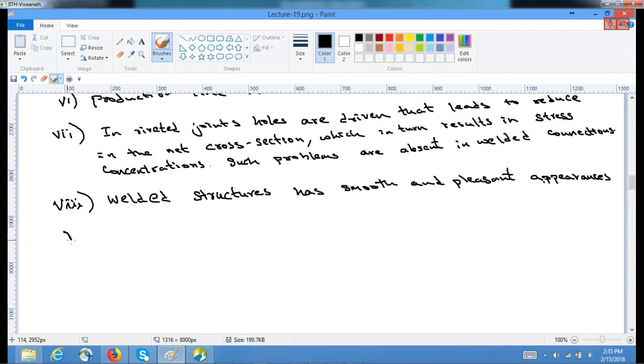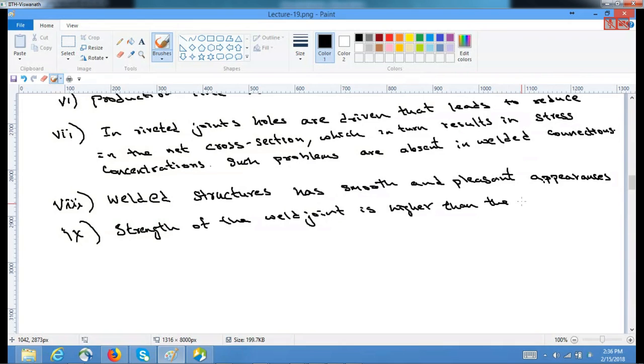And strength of the weld or the weld joint is generally kept higher than the joining plates.